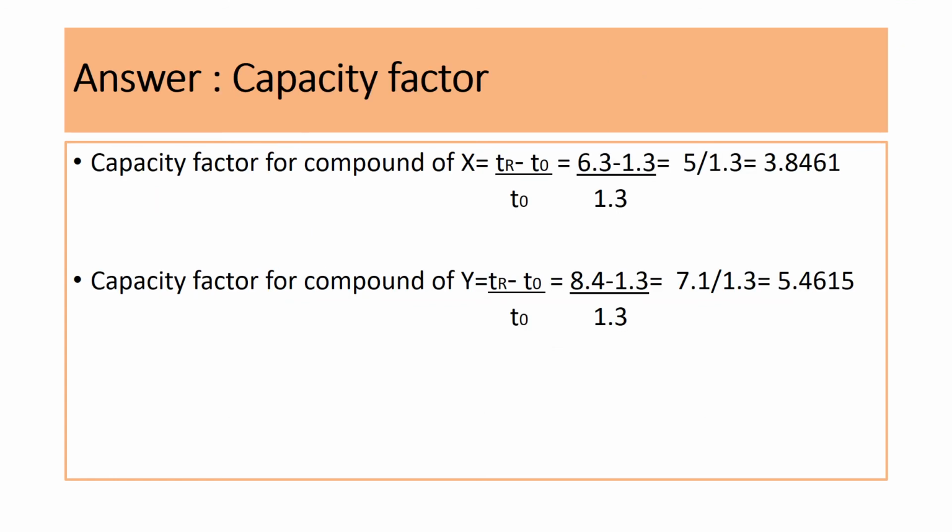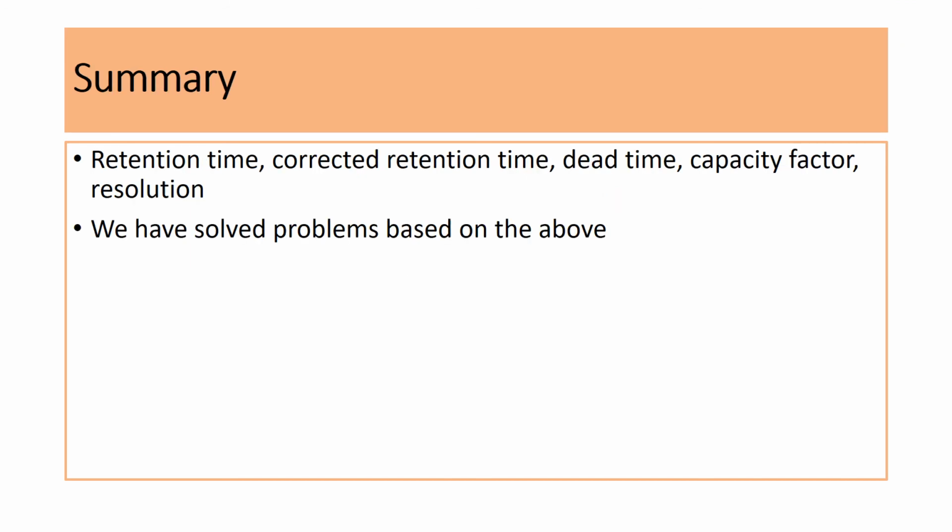Now for the capacity factor, we have to consider the corrected retention time, so it is given by corrected retention time divided by the dead time. The capacity factor for compound X is 3.8461 and the capacity factor for compound Y is 5.4615.